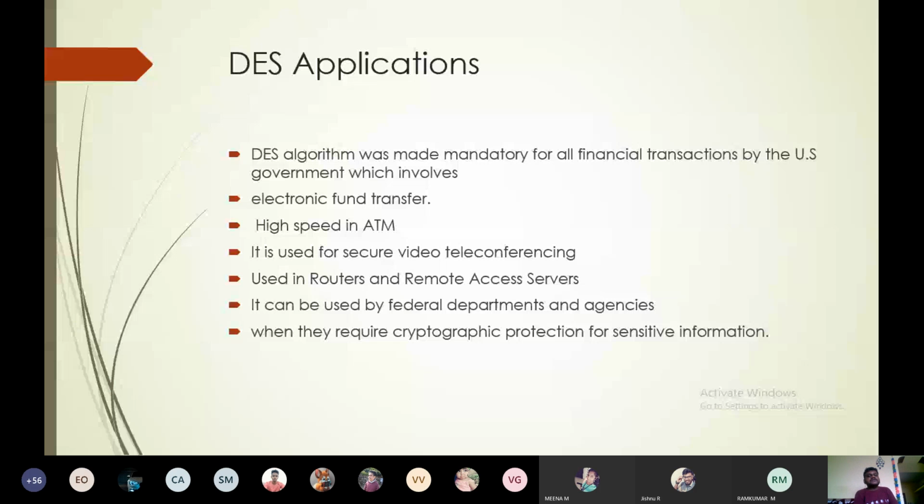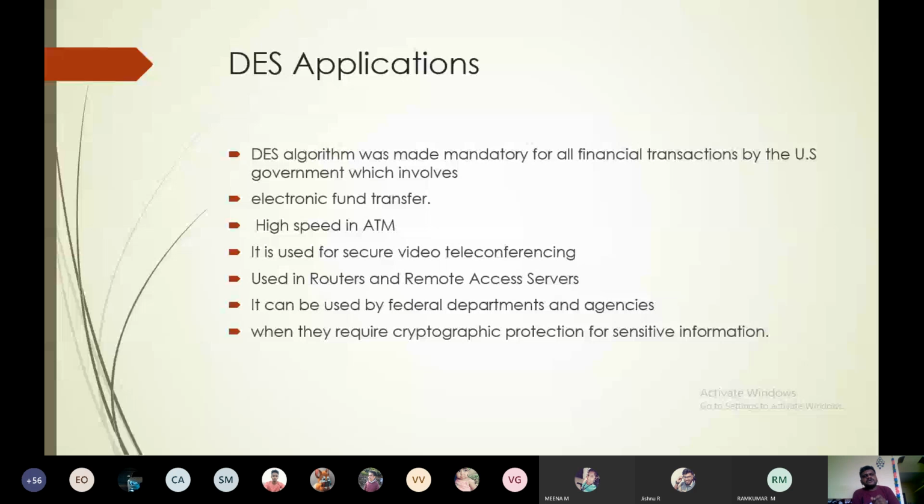Used in routers and remote access servers. It can be used by federal departments and agencies. Federal departments means police departments from America, the US and all the other countries. Currently in our India itself, also the CBI. These are some of the security departments.